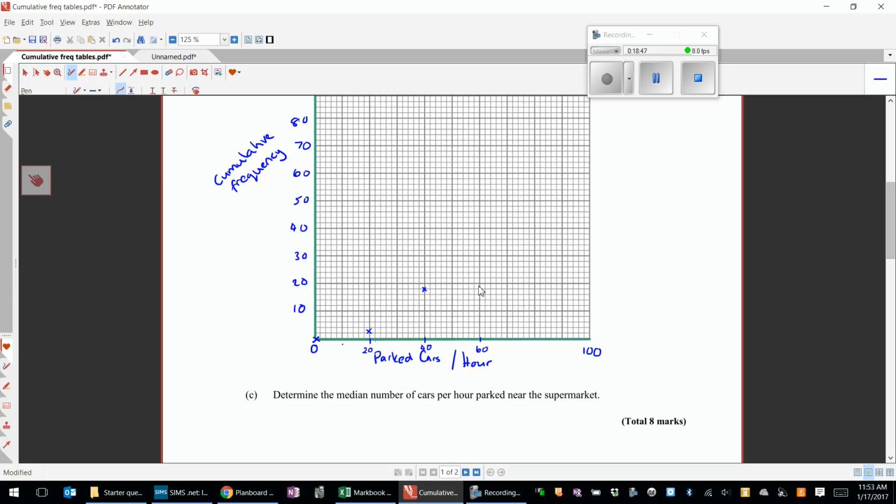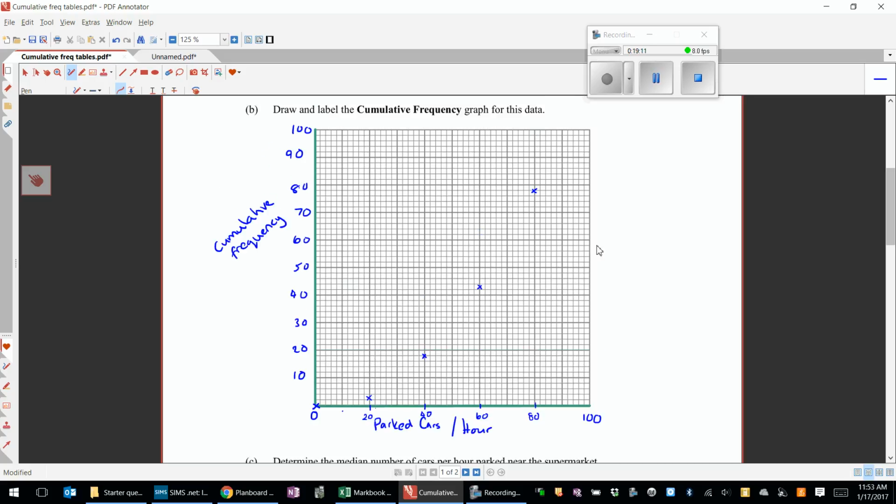Put 43 up there. Less than 80? 78. And then we should have less than 100 at our 95. So we've plotted all our points.